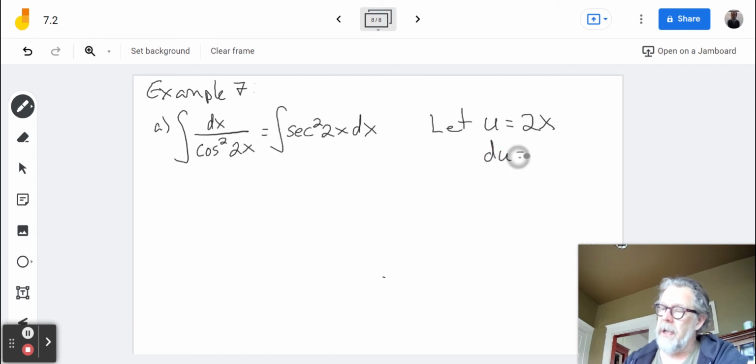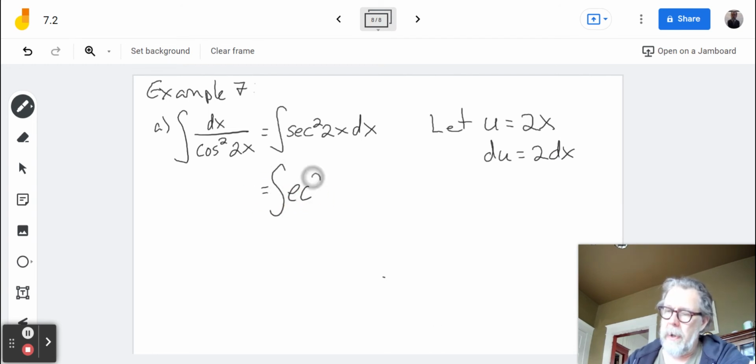The differential du is 2dx. I need to plug a 2 into my equation, which means I need a 1/2 out front. This is now 1/2 the integral of secant squared u du.